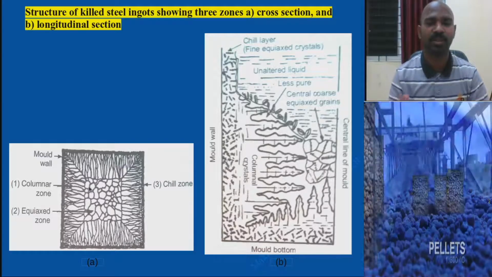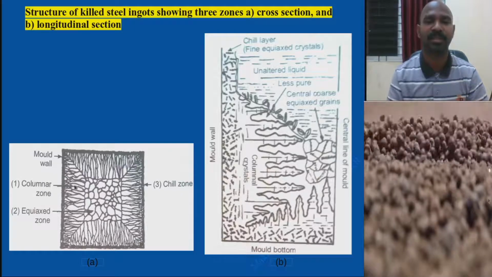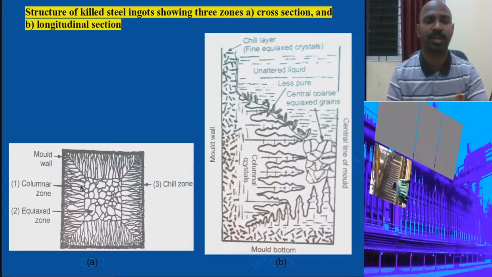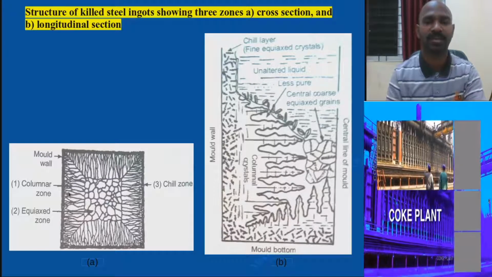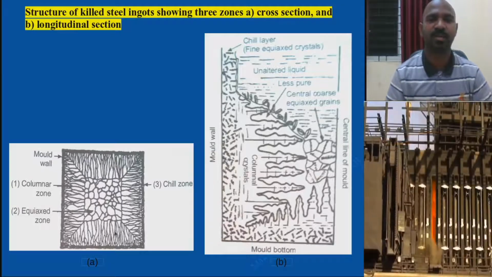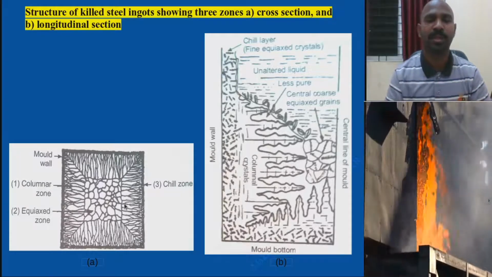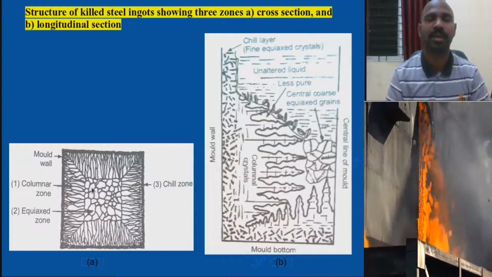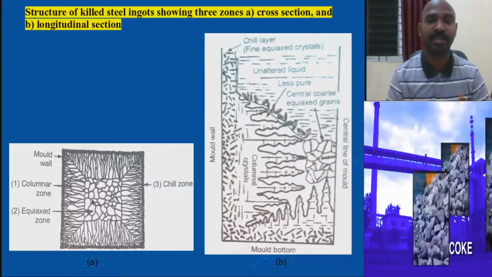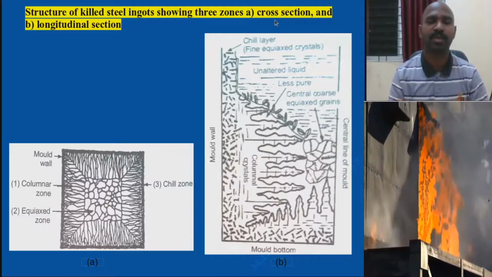The heat extraction direction is opposite. In the center of the mold, because of the heat transfer, the heat is homogenized, and equiaxed grains are formed in the central zone. This is the cross section.